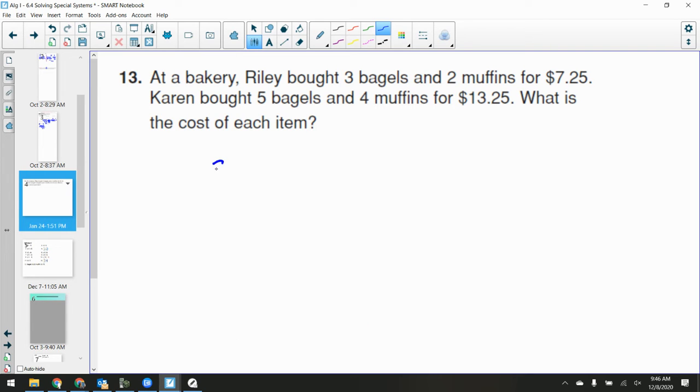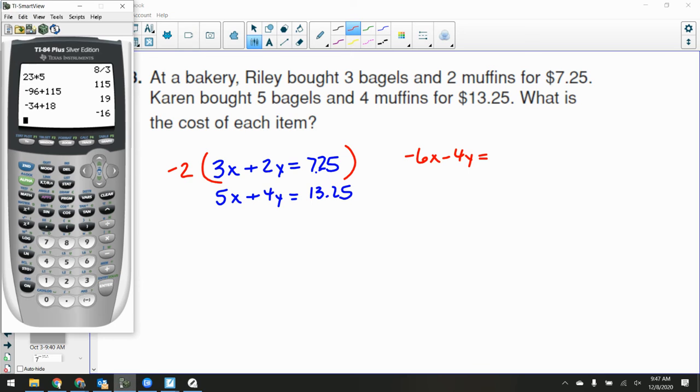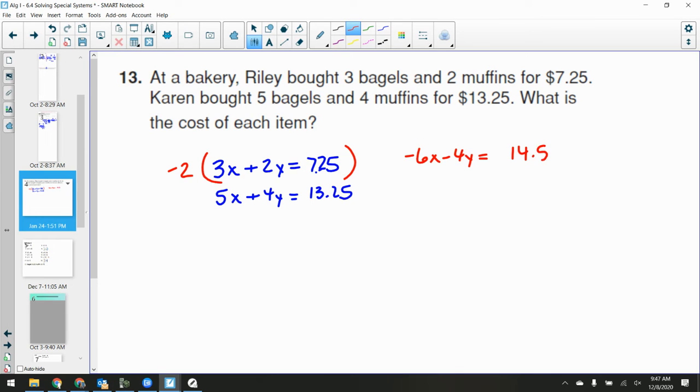Okay, so Riley bought 3 bagels and 2 muffins for $7.25. Karen got 5 bagels and 4 muffins for $13.25. The best route to take here is to multiply the top by -2, which would have got me -6x minus 4y is equal to 7.25 times -2, so -14.5.